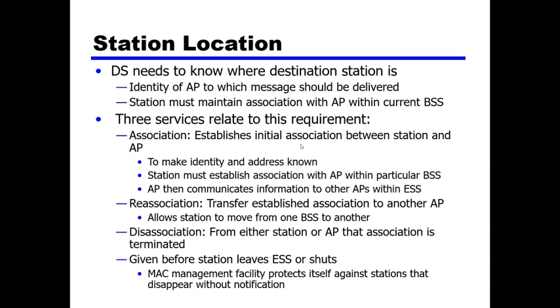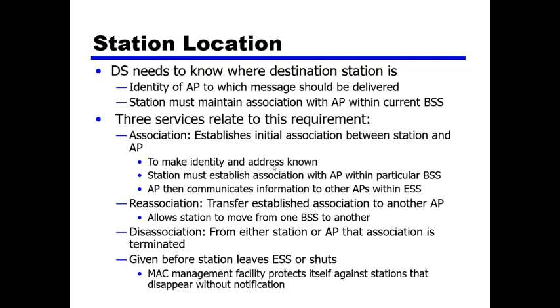Three services related to this requirement: association, an initial connection between the station and access point, making the identity and address known. Station must establish association with the access point within the particular BSS. The AP can then communicate information to other access points in the ESS.